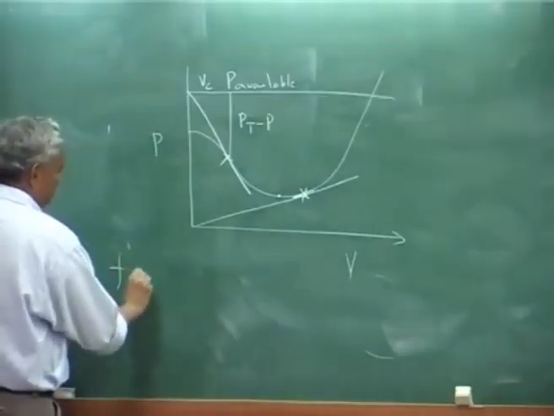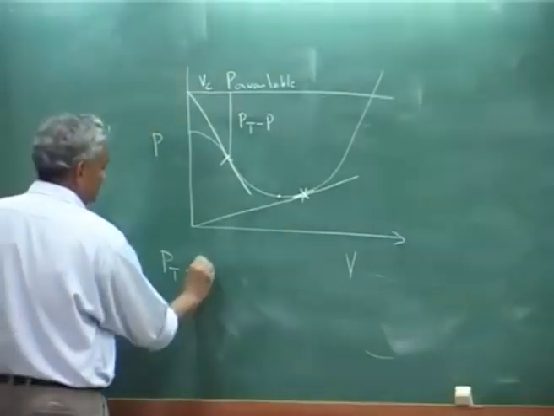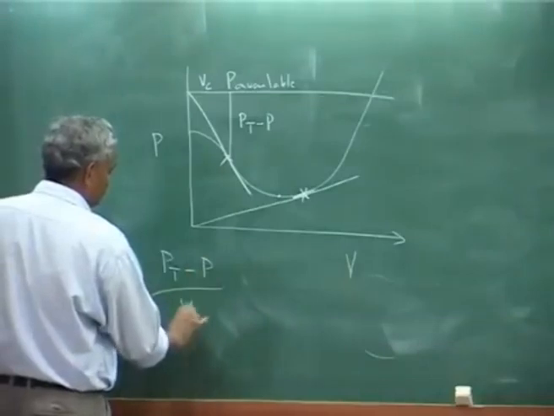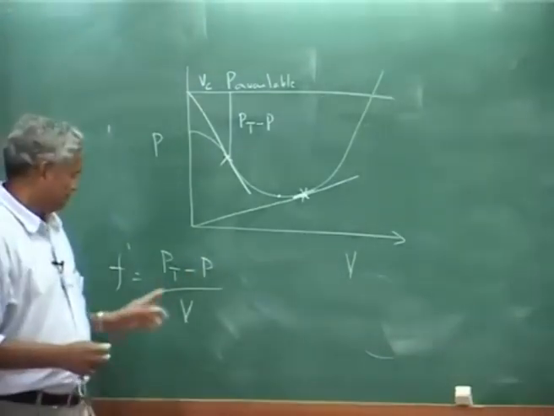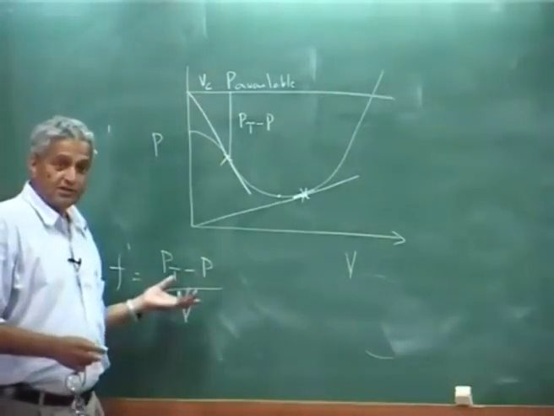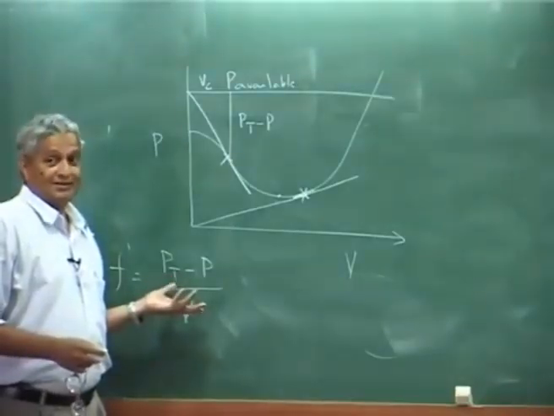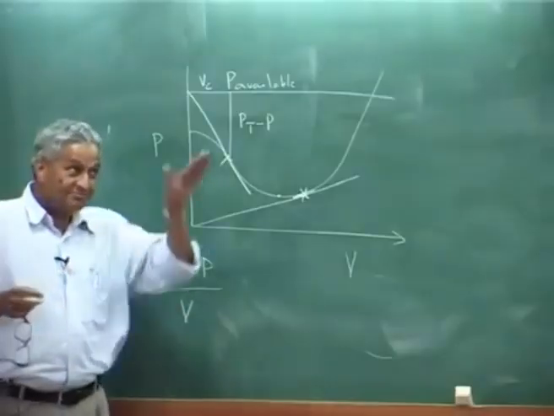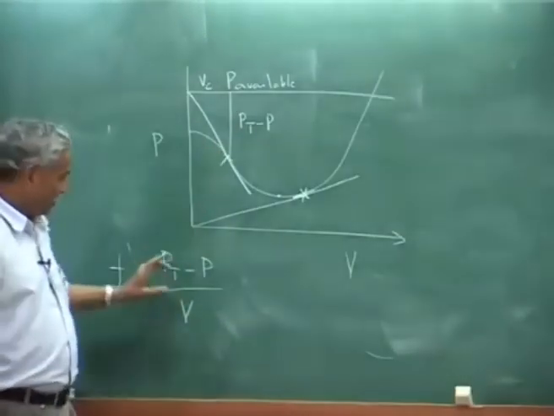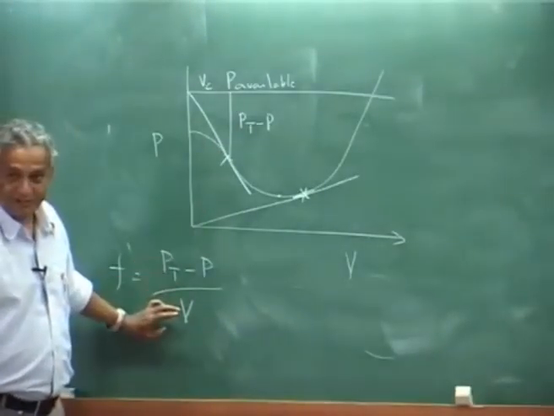You take a function which is Pt minus P over V, and you want to have minimum power, but not zero velocity.